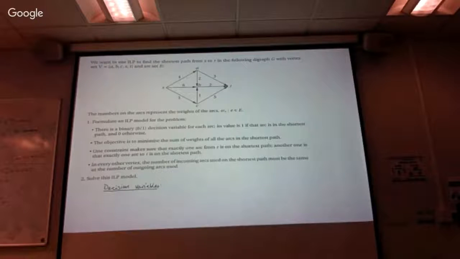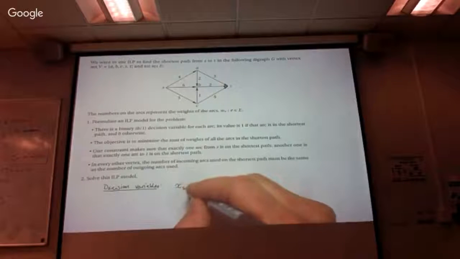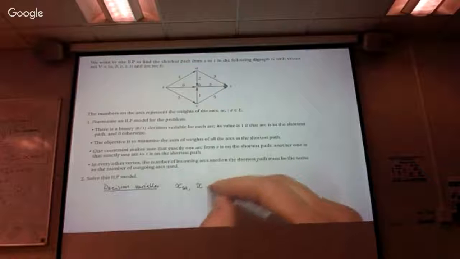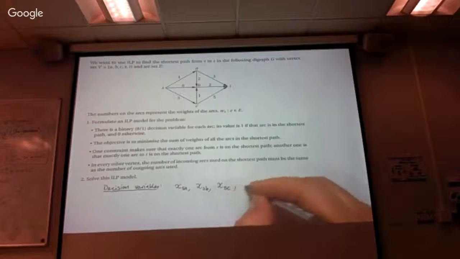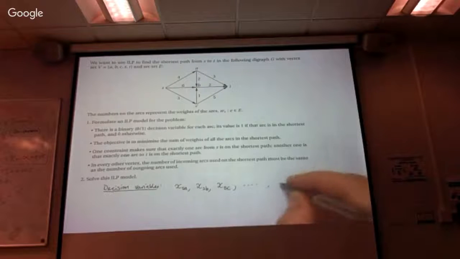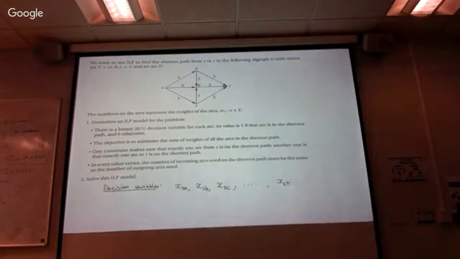So you'll have x for SA and x for SB and x for SC and so on. And the final one is from C to T. And they're going to be 0, 1 variables.